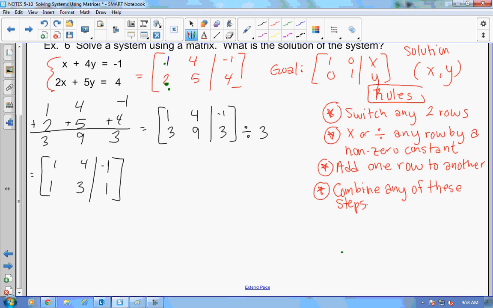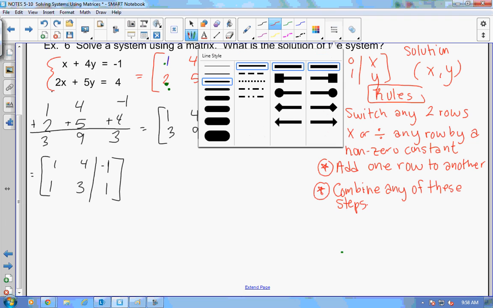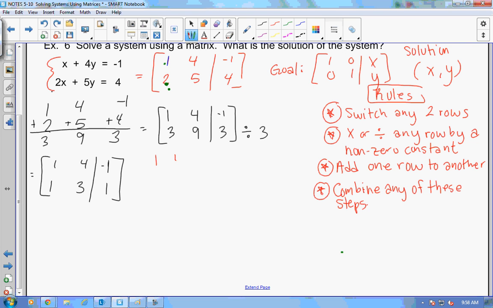Then I see some canceling that's going to happen. If I subtract 1 minus 1, I'm going to get that 0 in the left corner like we want. So let's take the top row and subtract each term of the bottom row. I don't do the add and subtract part really in a matrix because it's just side work. 1, 0.